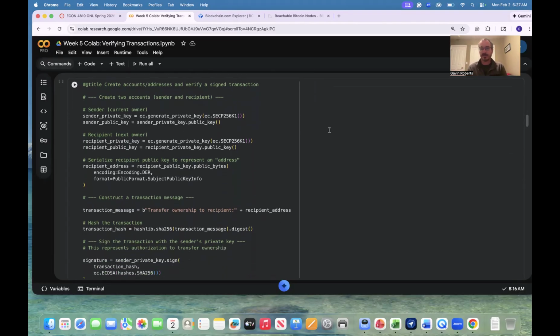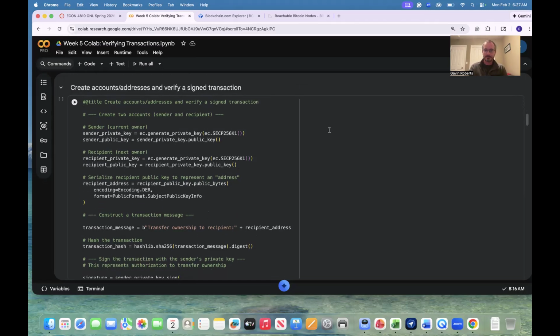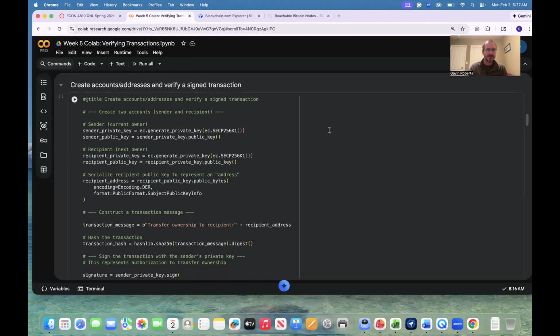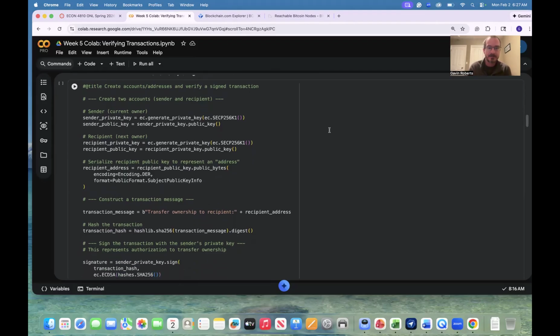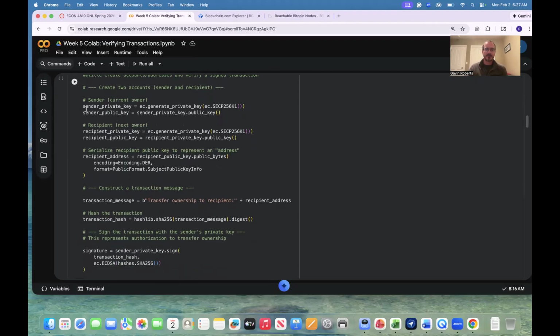And this one should be pretty much review from last time, I believe, because we showed how we could pass along messages. This is very similar. So first, we can create a private key. We can just use our library from above to generate private keys. So we created a private key right here.